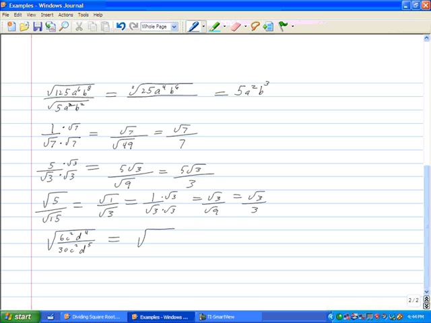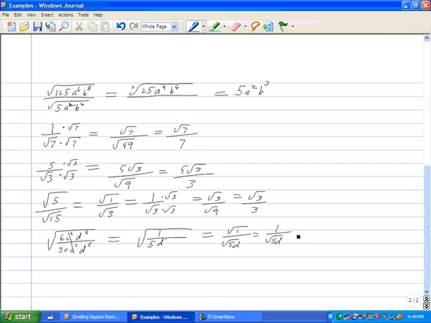We're going to have a 6 over 30, leaving a 5 in the denominator. C squared cancels out perfectly, and you've got a d to the 1st left in the denominator. Of course, this is all with a 1 on top. So we break it apart. Square root of 1 over square root of 5d. Square root of 1 is 1, and still we've got this 5d. So everything is simplified, and the radical's still not gone.